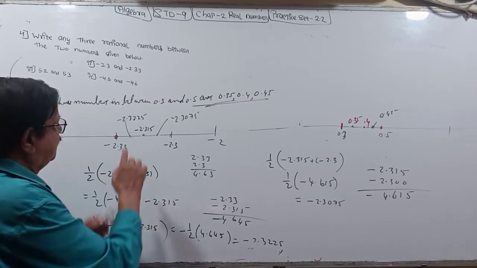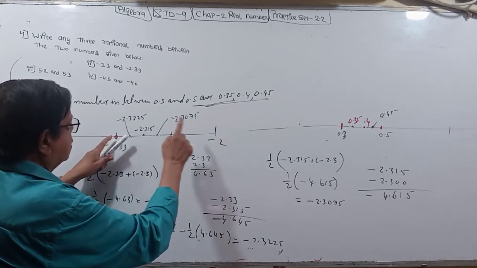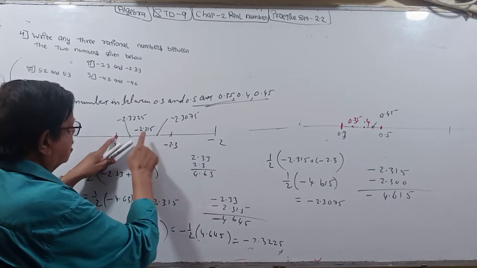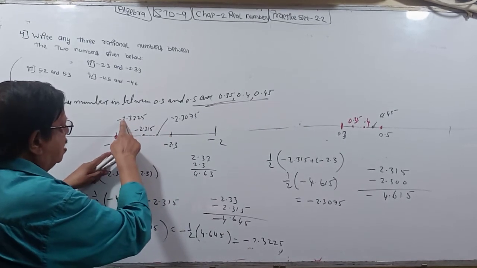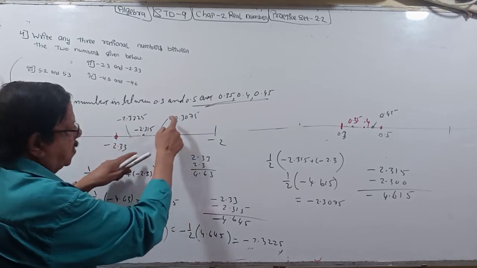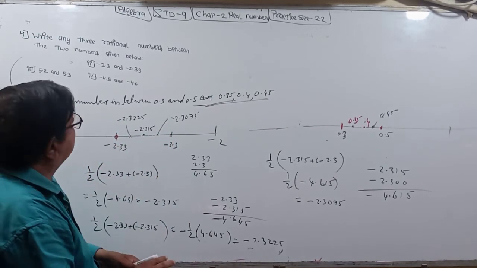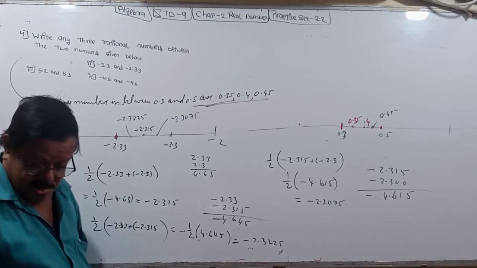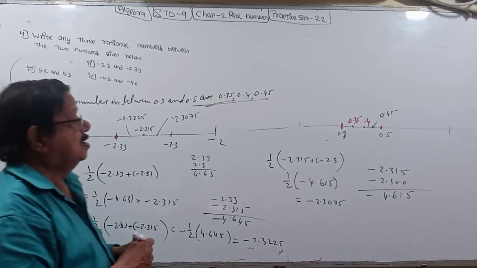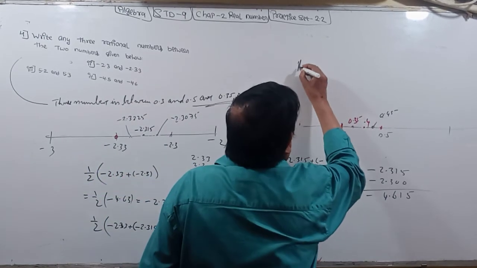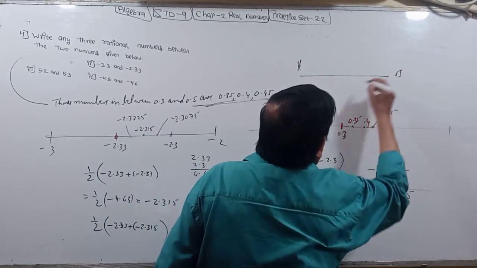It is simple: half of this and this will give you the middle point here. That is as simple as that. See, exactly in the middle is one option, but a point between can be anywhere. Suppose A is here and B is here.